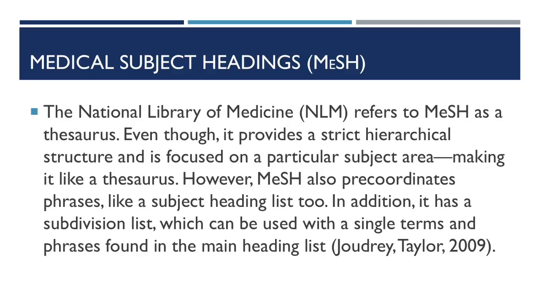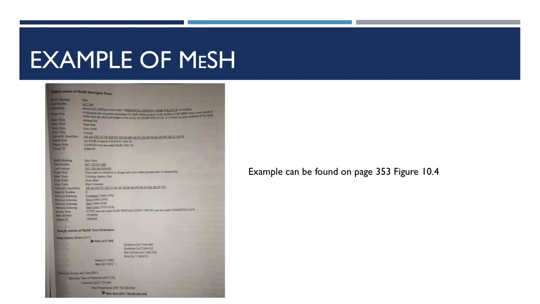In addition, it has subdivisions which can be used with a single term and phrase found in the main heading list. And here's our book's example of what the medical subject heading looks like. Granted, the picture here isn't the best, but again, it can be found on page 353 of our text.